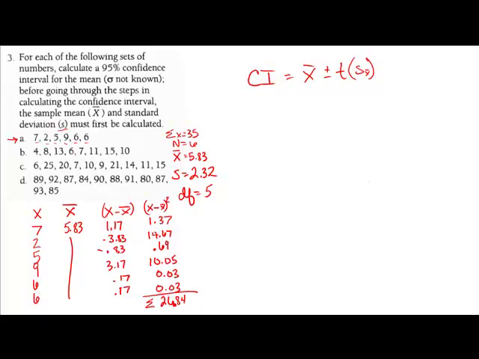So let's go into the table. In your textbook, this is page T18. I have 5 degrees of freedom for a two-tailed test. My t-value is 2.571.